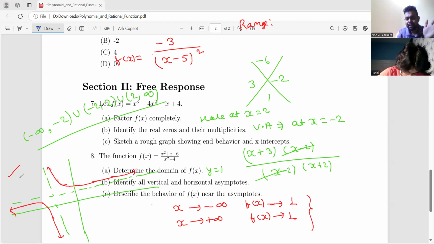By the way, this one is a special one, because there is a square effect. Whenever you have a whole square, see what will happen. Let me make this one.